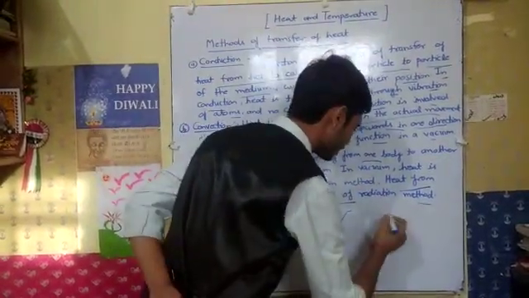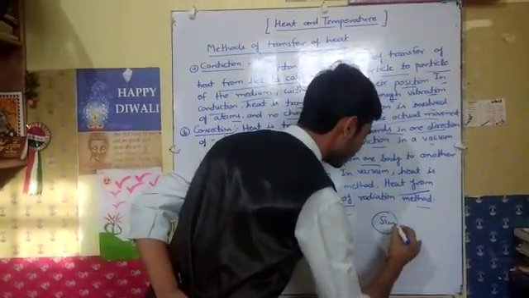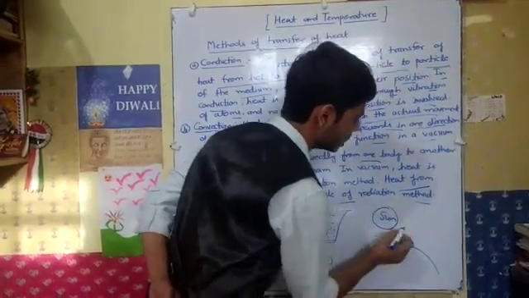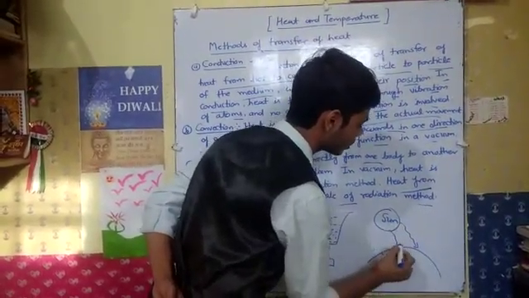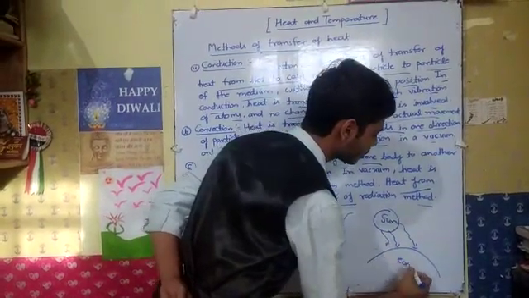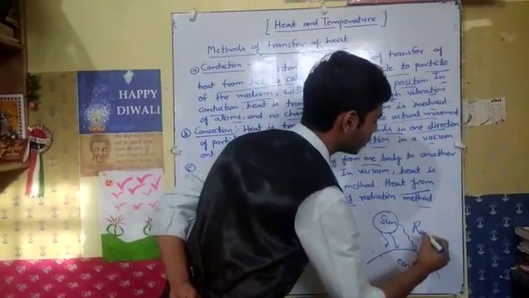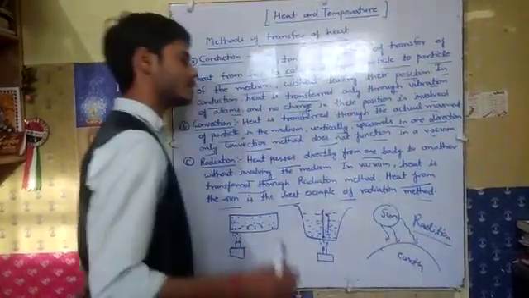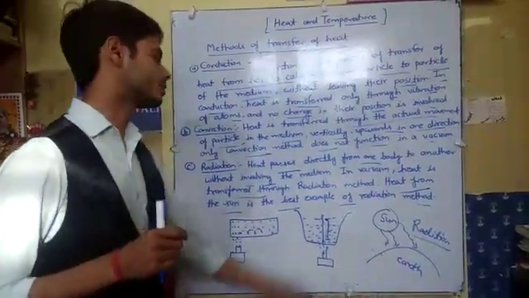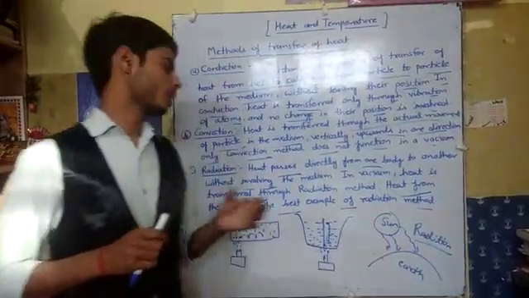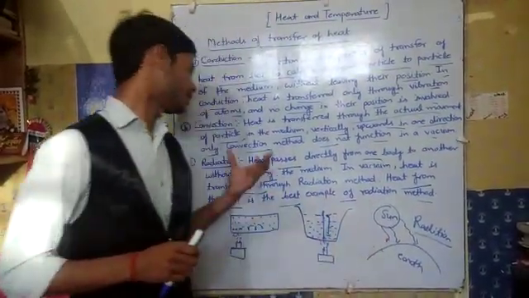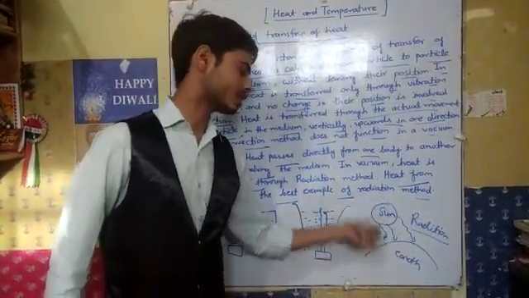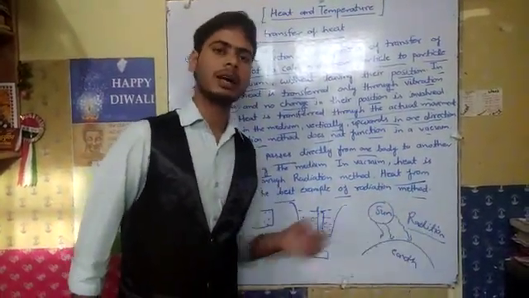Suppose this is the sun and this is our earth. The heat is transferred from the sun to the earth by the process of radiation, and in this process no medium is required for transferring the heat. So this is the best example for radiation: the energy transferred from the sun to the earth with the help of radiation.